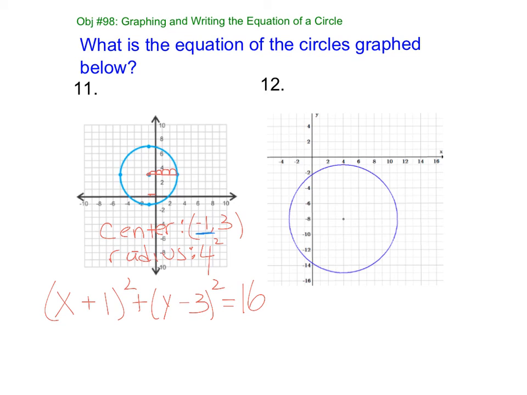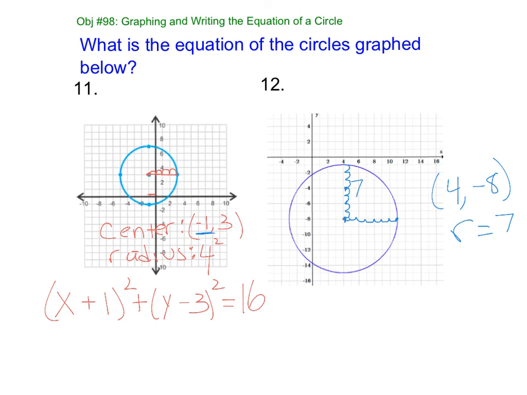So I have my point. Let's see. It's 4, comma, 2, 4, 6, 8. So 4, negative 8. And then my radius is 1, 2, 3, 4, 5, 6, 7. Looks like that's 7. Let's just check. 1, 2, 3, 4, 5, 6, 7.